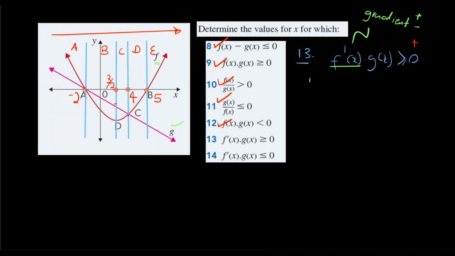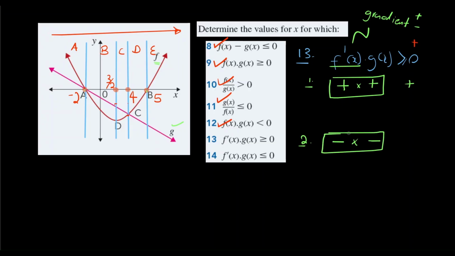So here we'll have two scenarios. Scenario 1, for us to get positive, f of x needs to be increasing times the graph of g needs to be above the x-axis, which is positive. Then scenario 2, for us to get positive, the graph of f needs to be decreasing and the graph of g needs to be below the x-axis.